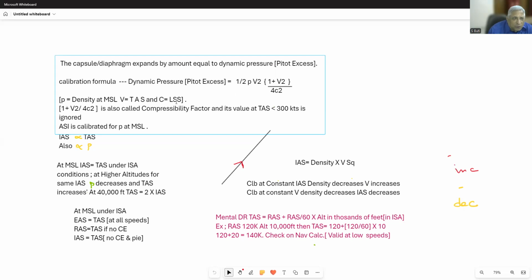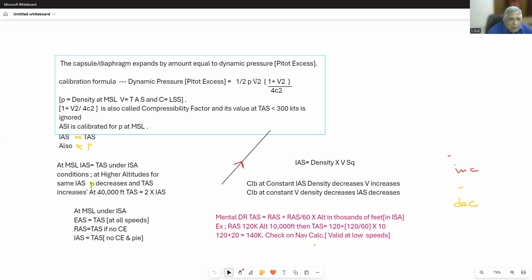C is the speed of sound. But at speeds less than 300 knots, this factor is not applicable. And now your indicated airspeed is a function of density and the true airspeed.